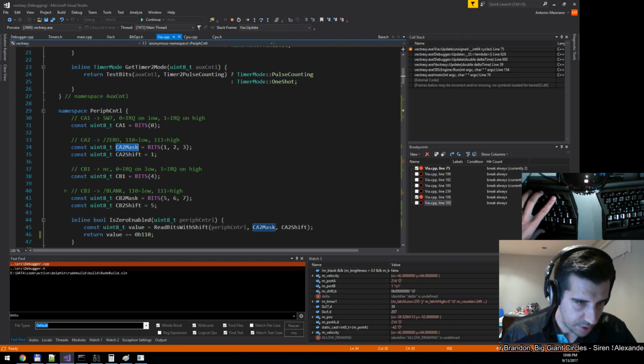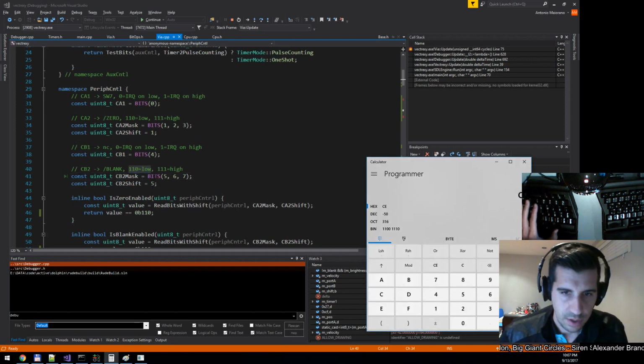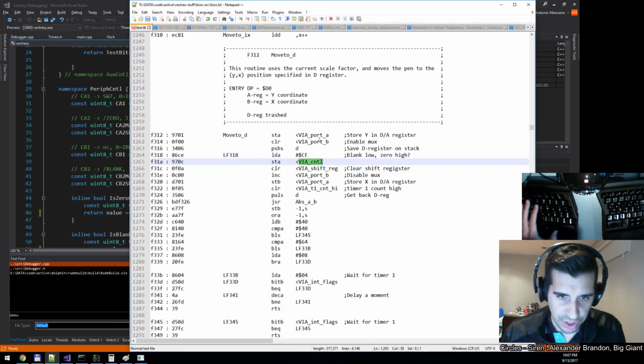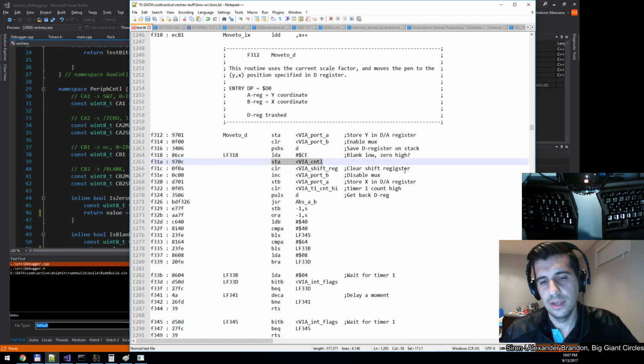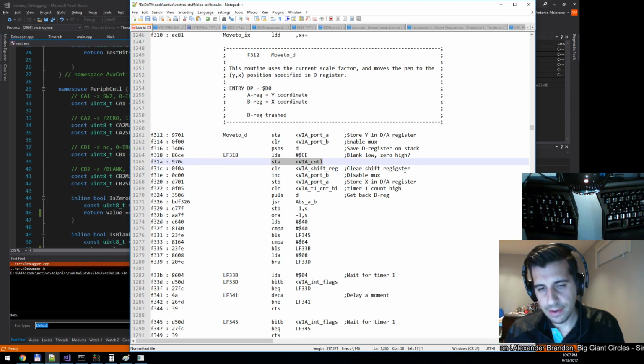Here we go. 110 means blank goes low, which means we don't want to draw. We don't want to actually see anything, so that overrides the drawing. And then 111 unsets 0. So it's from that instruction that we actually will start the beam. Does that make sense? I suppose so.